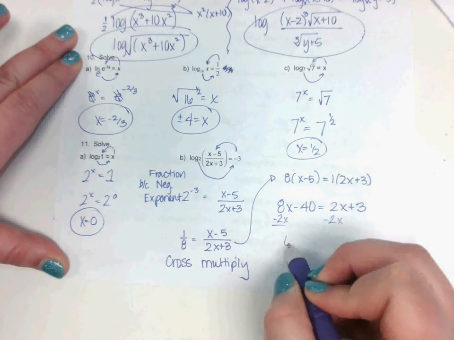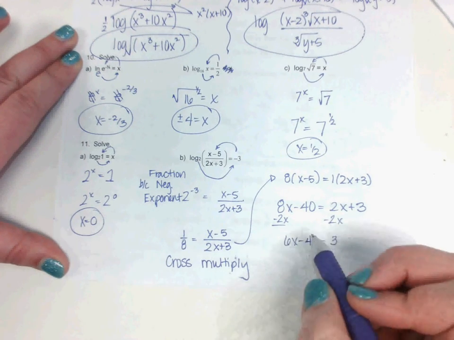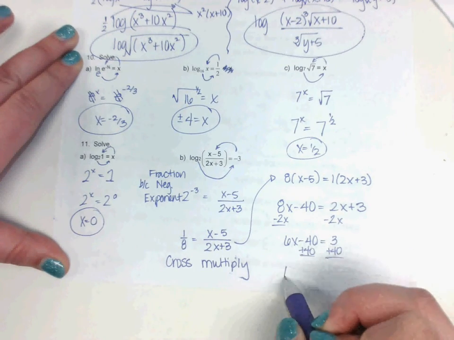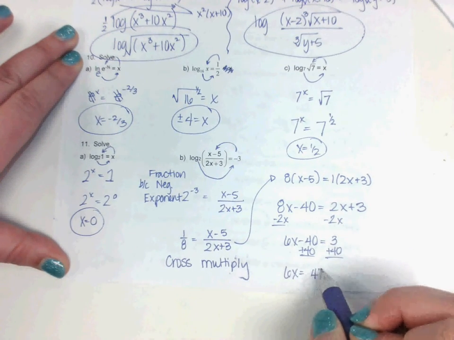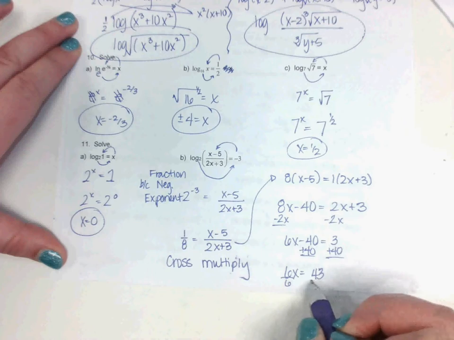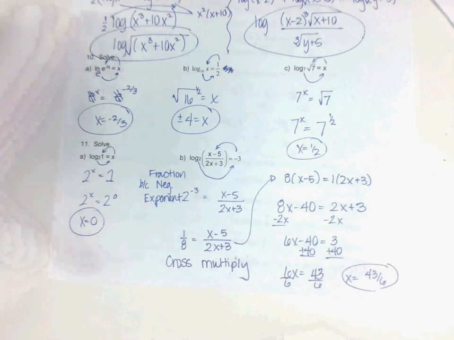That's 6x minus 40 equals 3. Add the 40. What's 40 plus 3? Then 6x is 43. Last step, divide by 6. You can leave it as a fraction or turn it into a decimal if you want. Doesn't matter. Got it?